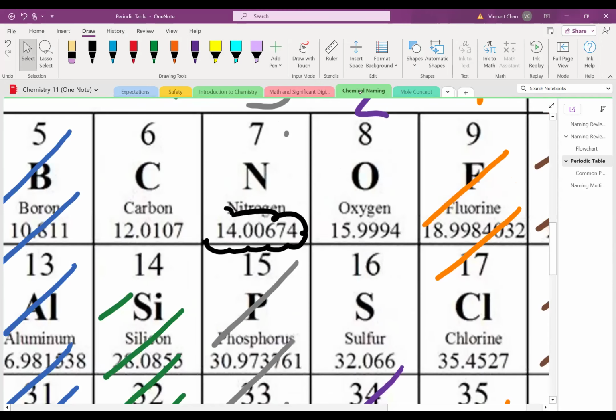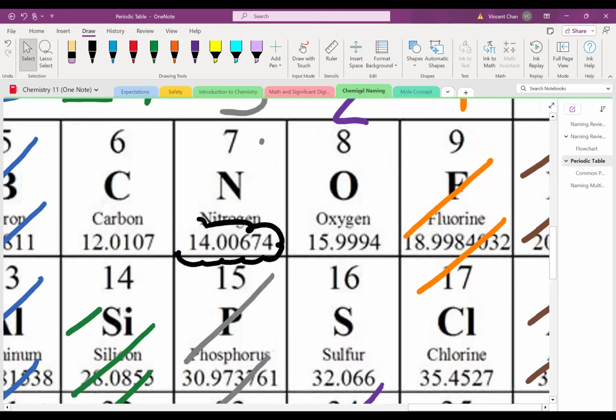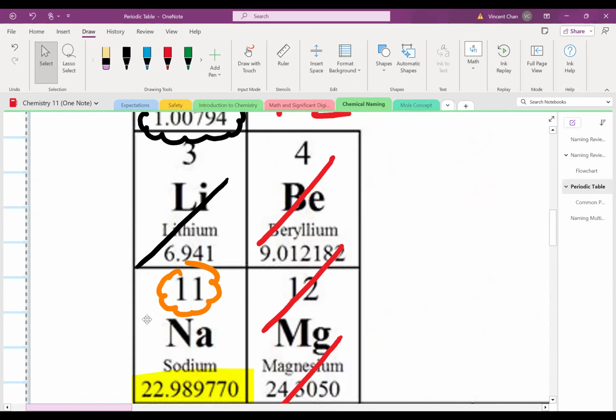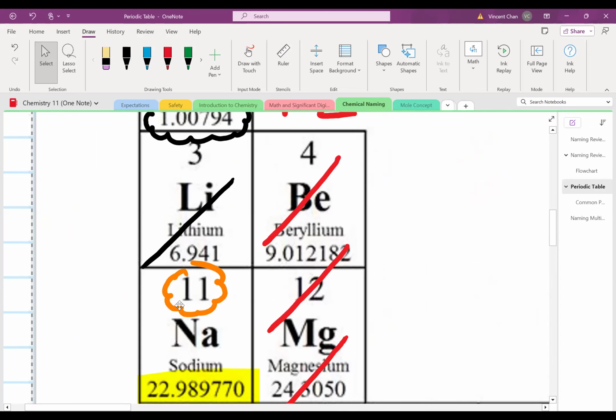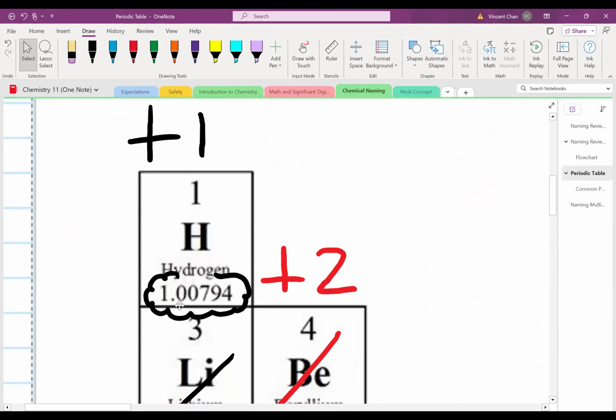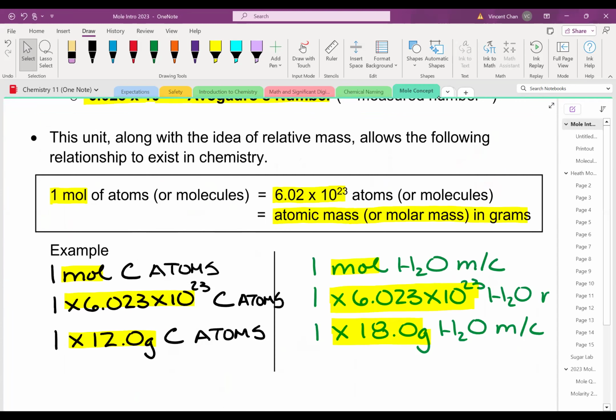And for hydrogen, because I have 2 of them, you notice hydrogen has an atomic mass of 1. And since I have 2 of them, I multiply by 2, and that is how I get 18. Okay, so that is where I got this number 18 from.